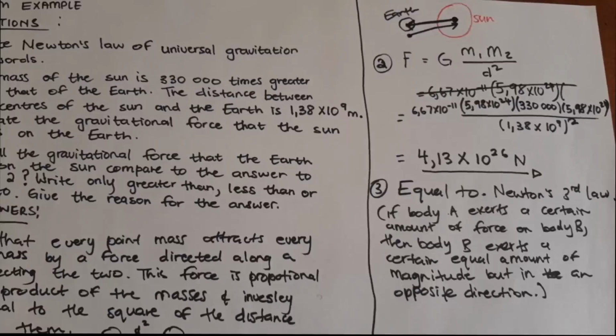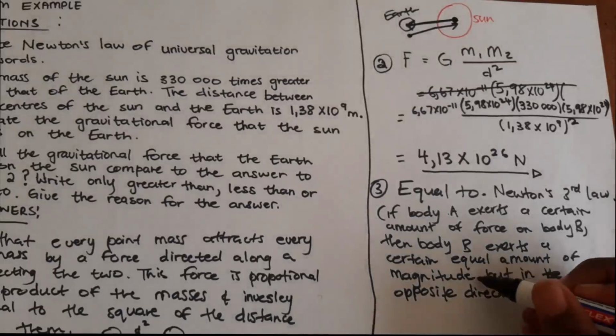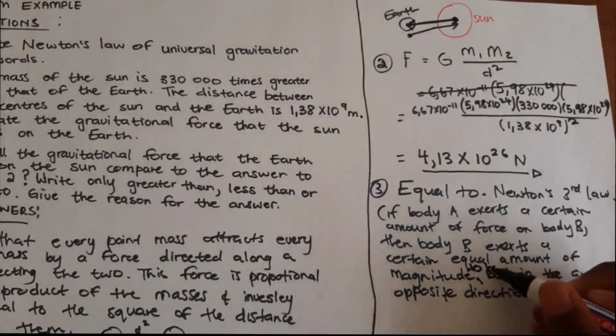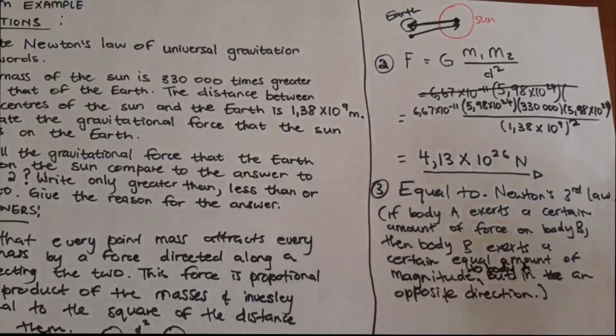So that's why it's equal to. As the sun has exerted a force of 4.13 multiplied by 10 to the power of 26 newtons on the earth, the earth will also exert that amount of force on the sun, and that obeys Newton's third law, which says that if body A exerts a certain amount of force on body B, then body B exerts an equal amount of magnitude to body A. I hope you know this, guys.